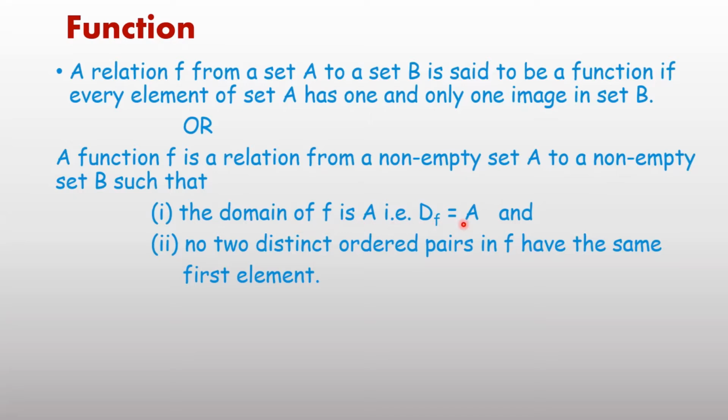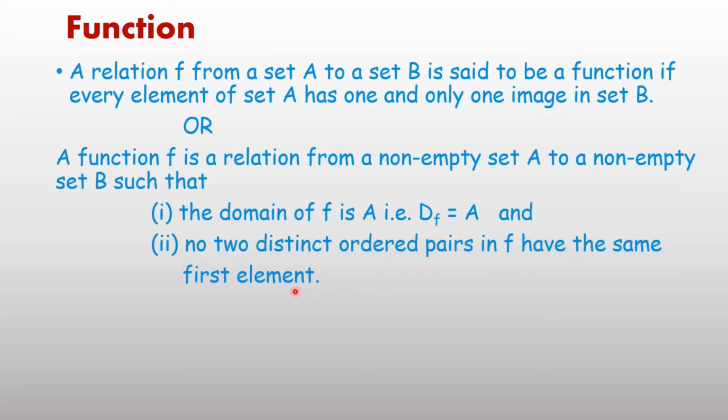Domain equal to set A implies every element of set A has its image in set B. No two distinct ordered pairs in f have the same first element.